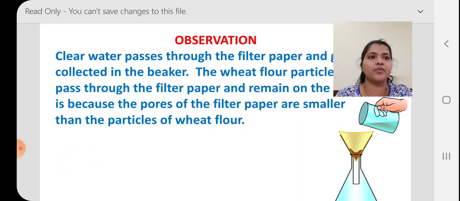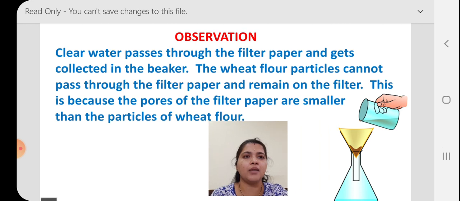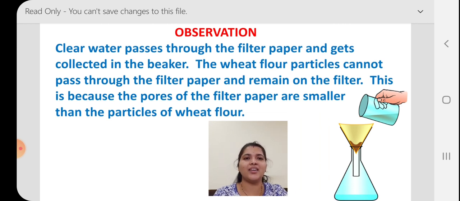Coming to the observation, children, what happens? Clear water passes through the filter paper and gets collected in the beaker. The wheat flour particles cannot pass through the filter paper and remain on it.